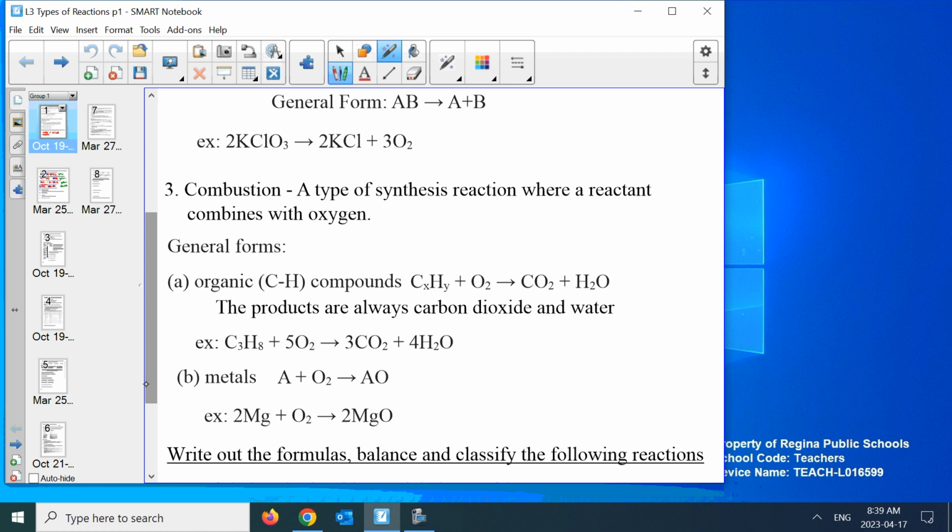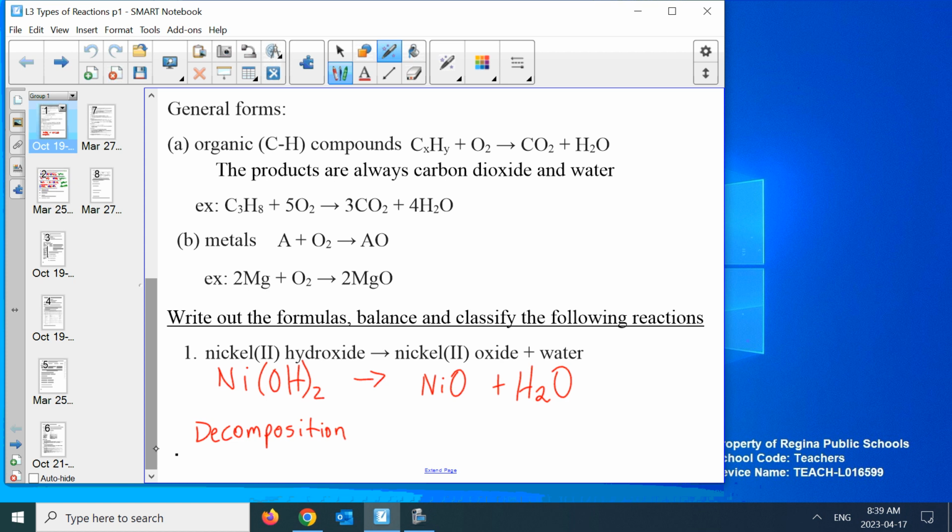I'll show you where. Organic combustion, though, always has carbon dioxide and water. You don't even have to think about it. So if you have carbons and hydrogen, you're just going to have carbon dioxide and water. And then you balance it out. With metals and so on, combustion, oxygen combines.